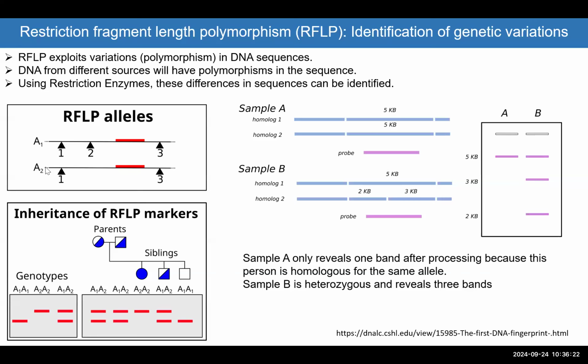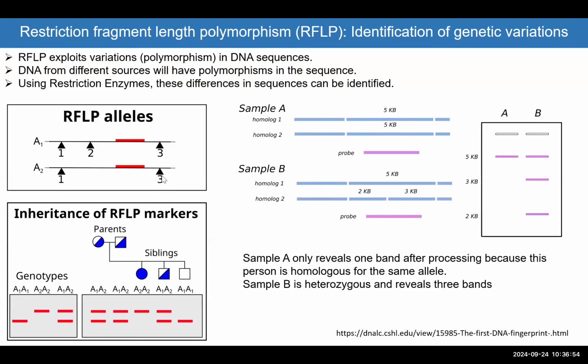If you have a homozygote allele number 2, you see another band, but it's bigger in size. And if you have both alleles in the genome, you can see one band that corresponds to A1 and one band that corresponds to A2. And therefore, in this type of analysis, you can easily tell by taking the DNA of the parents, like the mom and the dad, you can take their DNA and check which alleles they have.